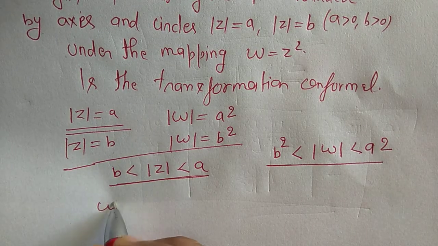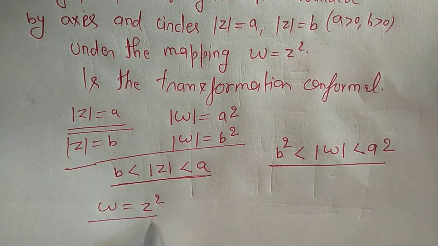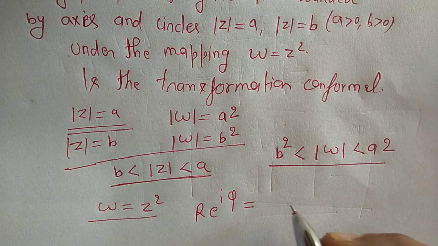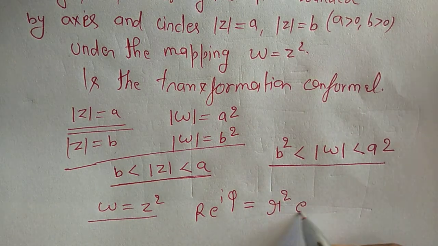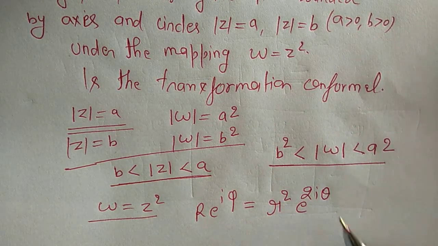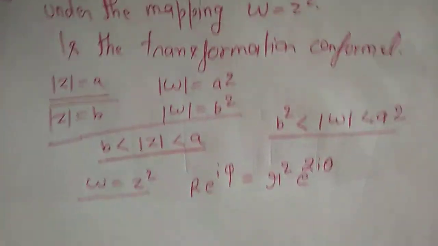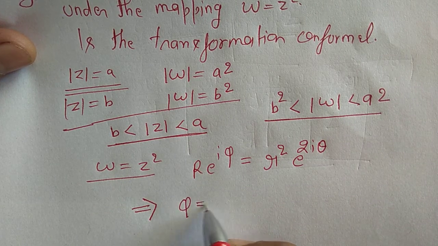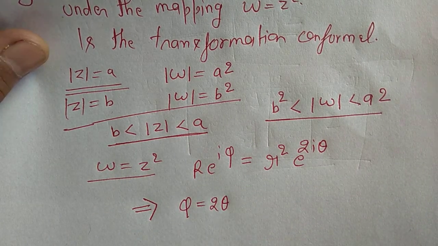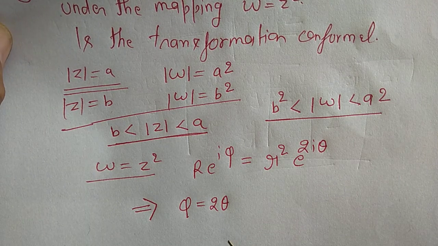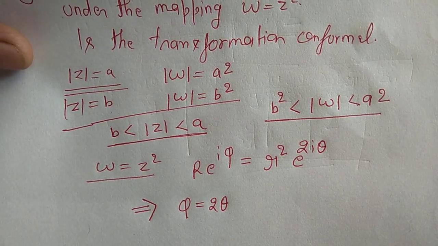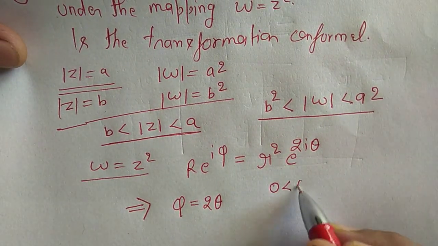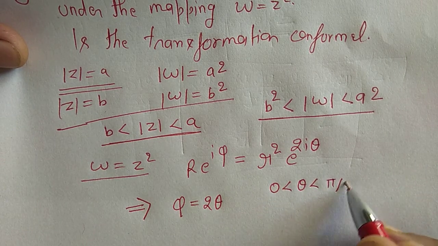Now let us see the angle. So W equal to Z square. So if W equal to capital R e power i phi equal to small r square e power 2i theta, which implies phi equal to 2 theta, and since the curve is in the first quadrant, theta will be 0 to pi by 2.